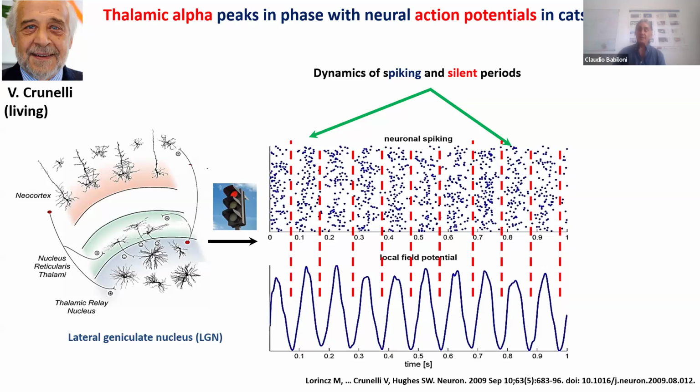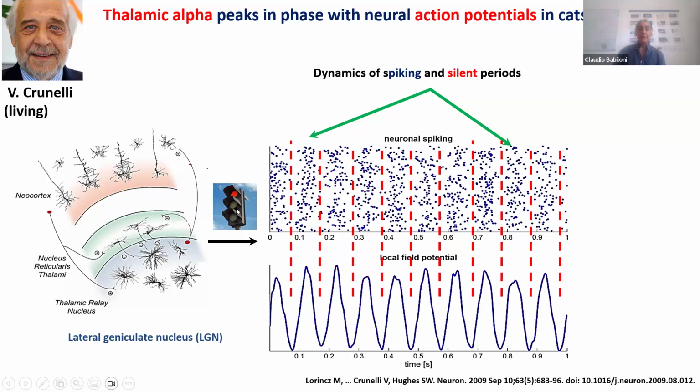So alpha rhythms are not an epiphenomenon, are not something unrelated with the activity of the neurons as revealed by spikes.